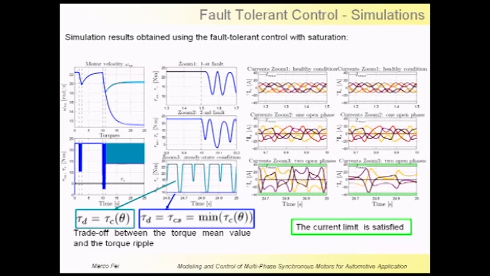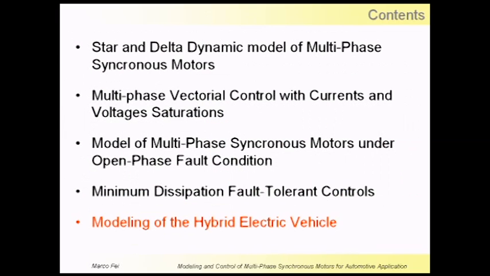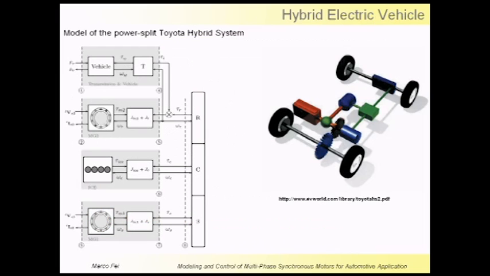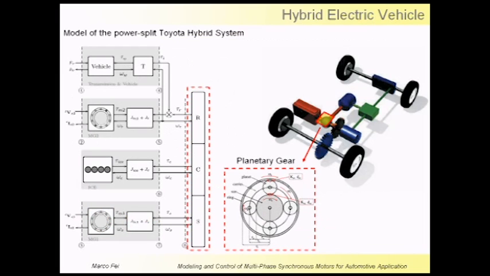So this is the drawback of the system, but it is not a problem of the control. It is a problem of the maximum current that the power device can stand. So this is the final work of my research activity.